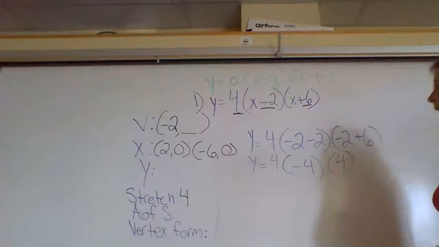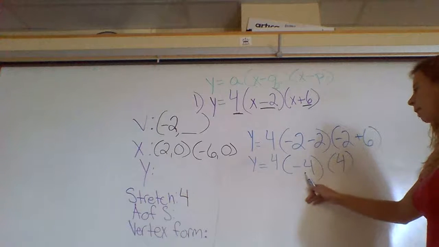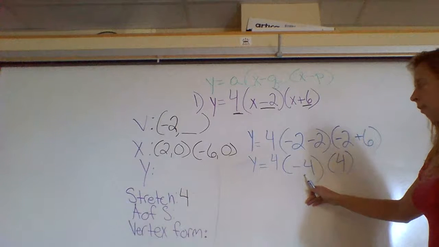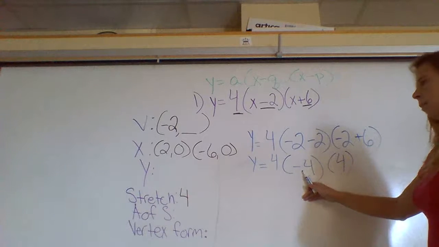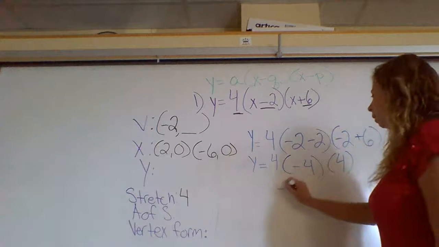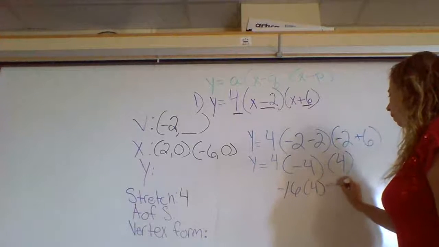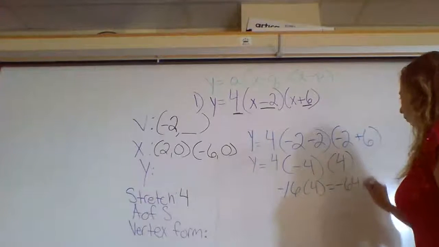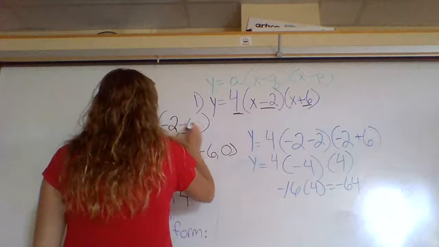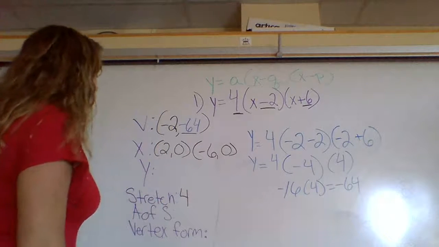We just multiply them all together. So 4 times -4 is -16, times another 4. That is -64. So that would be your vertex.